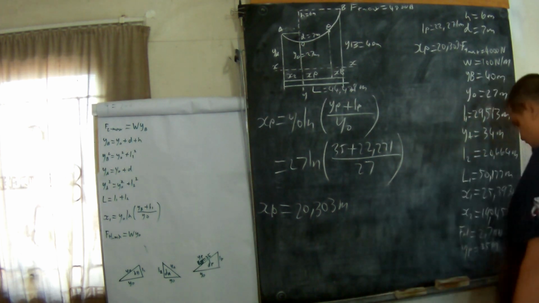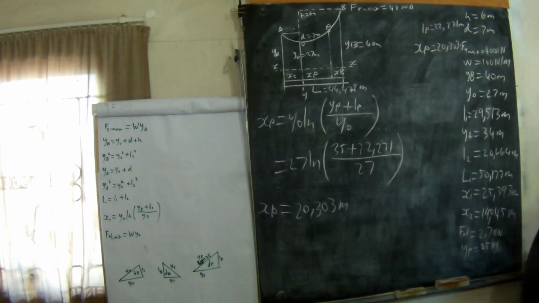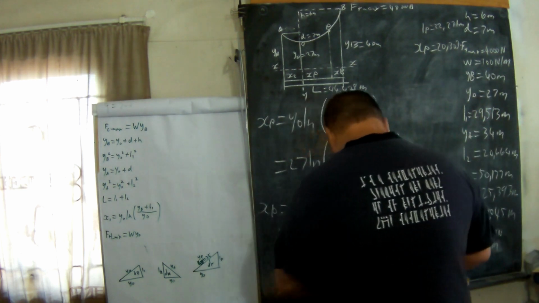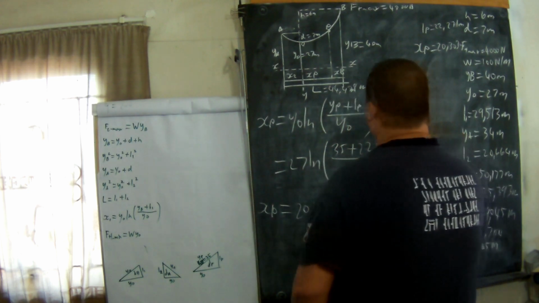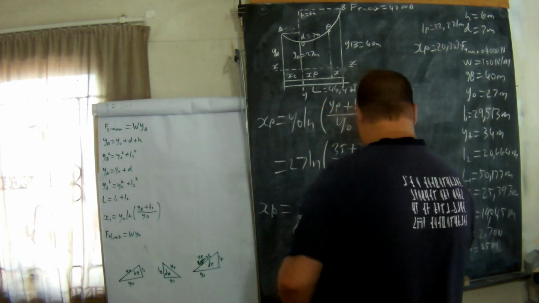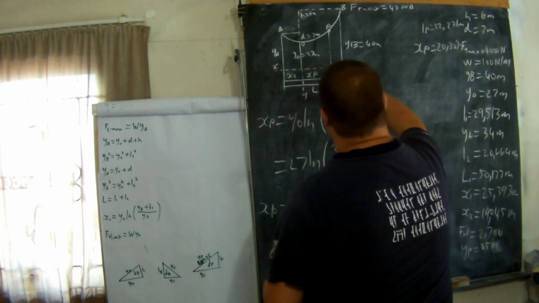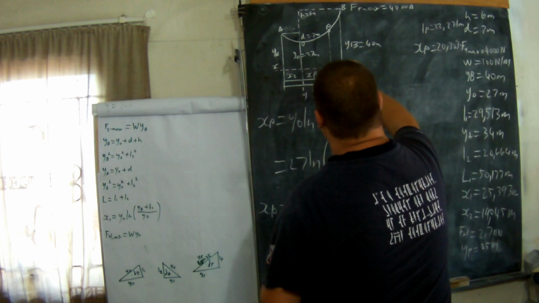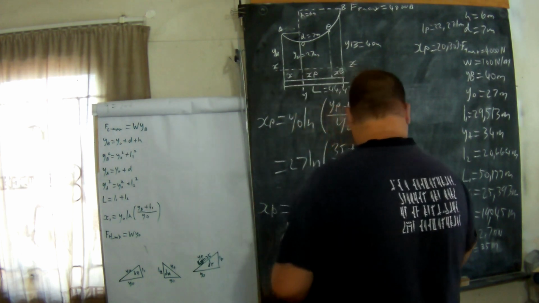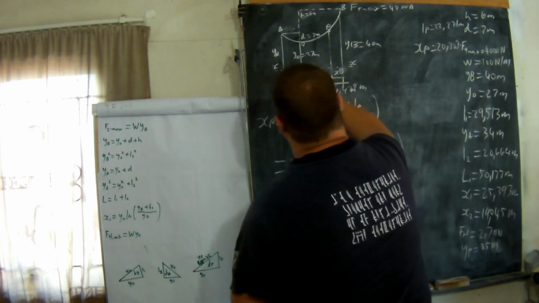And finally, we want XB. So we take X1, which is actually this one here. I marked that wrong. We want XB. And I marked this particular one wrong. This is X1.